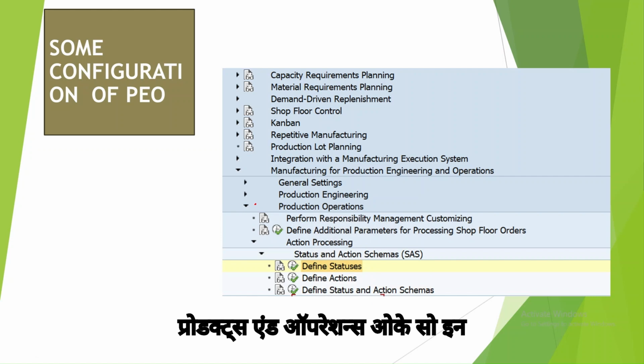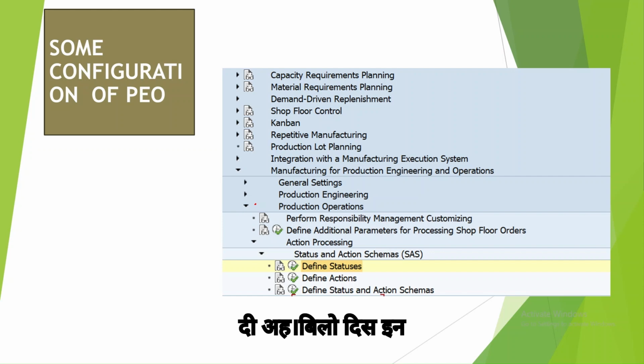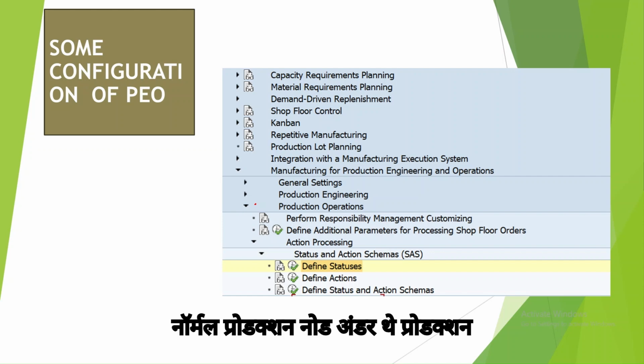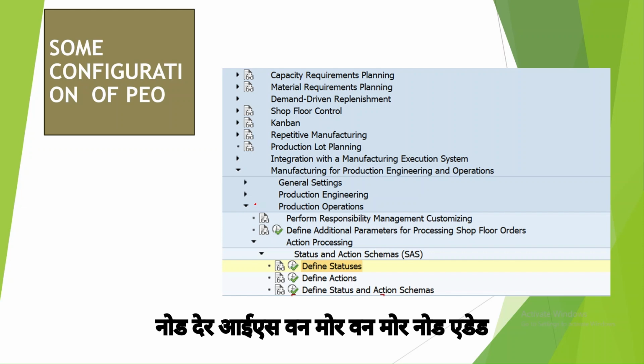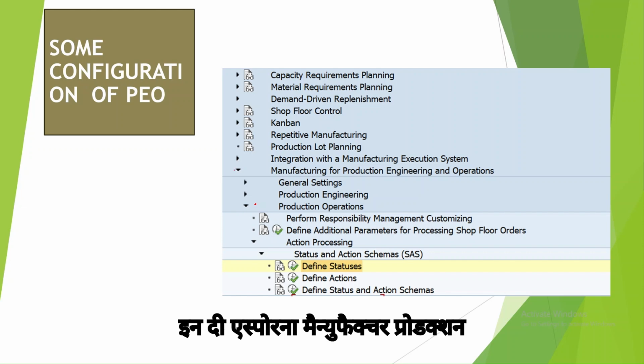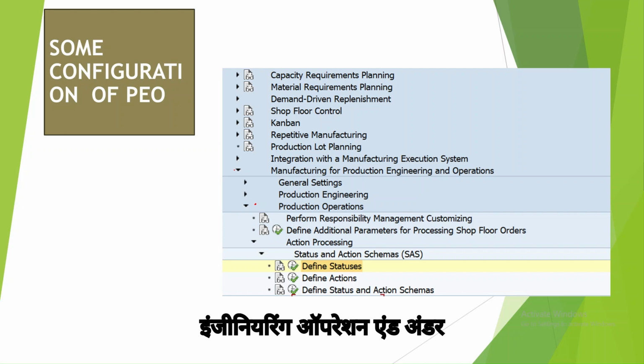In the normal production node, under the production node, there is one more node added in S/4HANA, manufacturing production engineering operations, and under that, production operations.